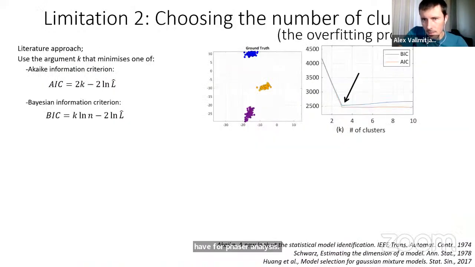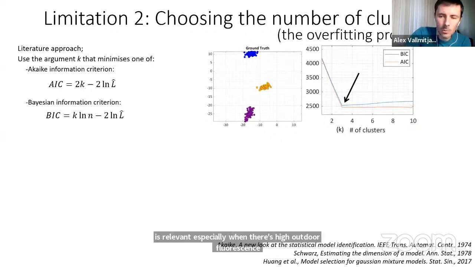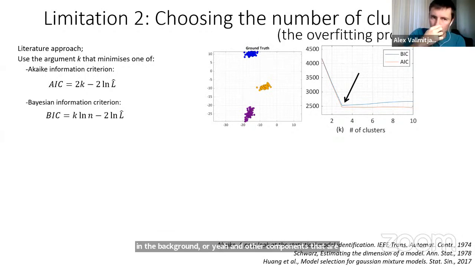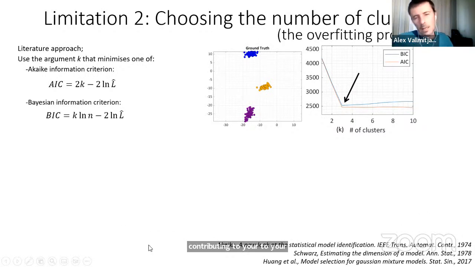The other one is finding the number of clusters, which is maybe not as relevant to us because you always know how many fluorophores you're using and what you're labeling your sample with. But it is relevant, especially when there's high autofluorescence in the background, and other components that are contributing to your phasor data. So how do you choose the number of clusters?